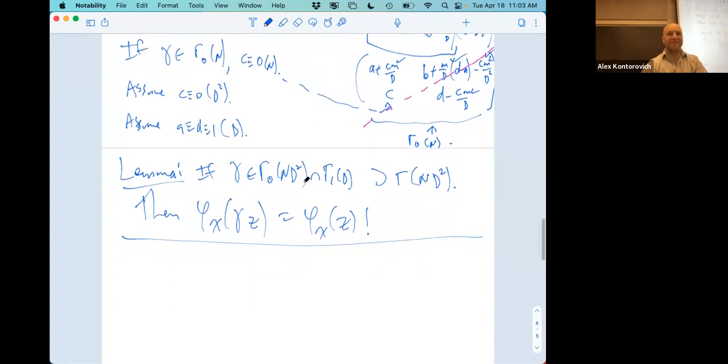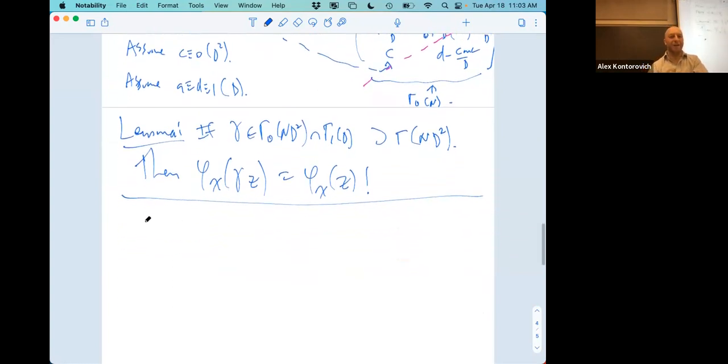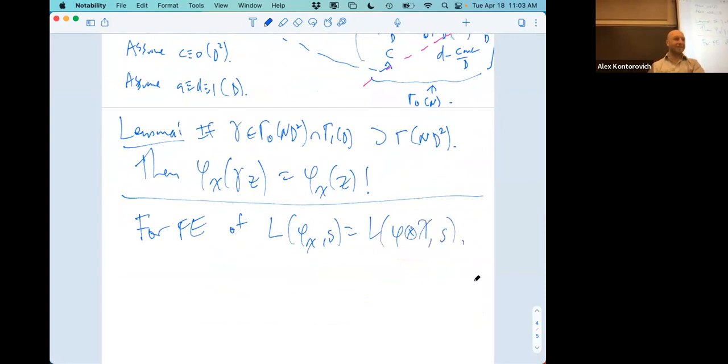All right. What did we do last time? Recall how we got a functional equation of the L function of phi chi s, which is the L function of phi times chi s. For this functional equation, we made this psi.